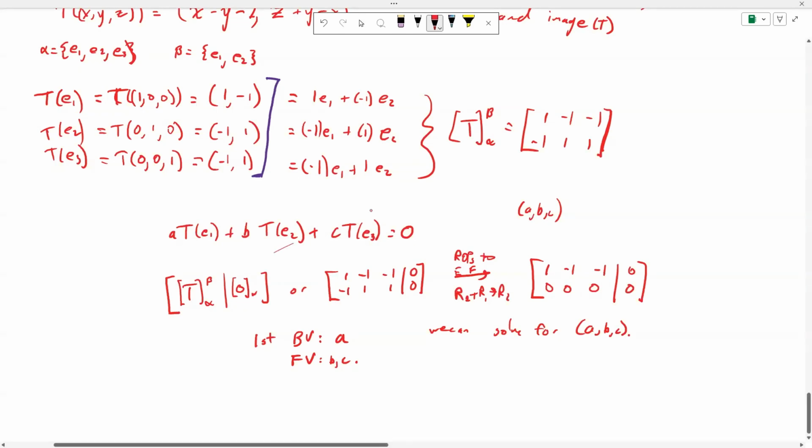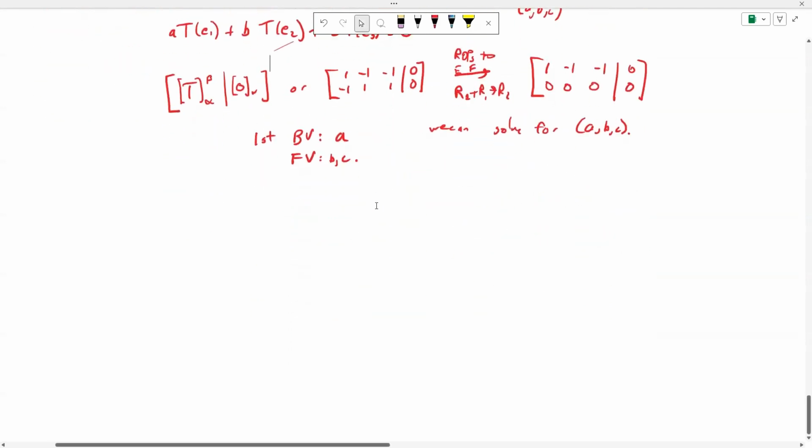So now let's solve for our vector (a, b, c).